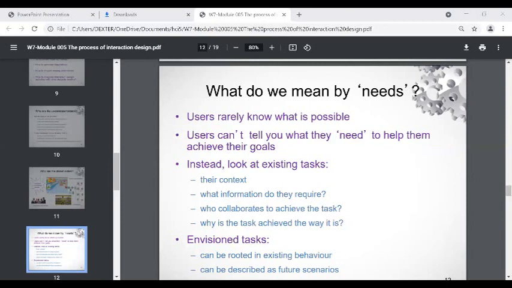So if a product is a new invention, then it can be difficult to identify the users and representative tasks for them. For example, before in-car navigation systems were first developed, there was no user to consult about requirements and there were no representative tasks to identify. So those developing the system had to imagine who might want to use it and what they might want to do with it.